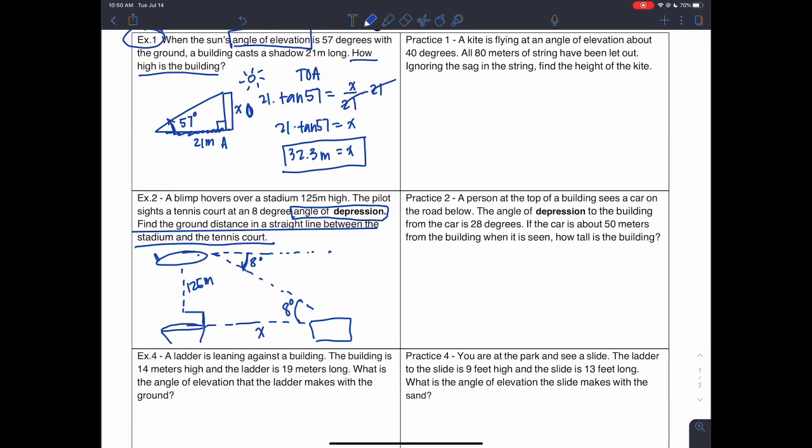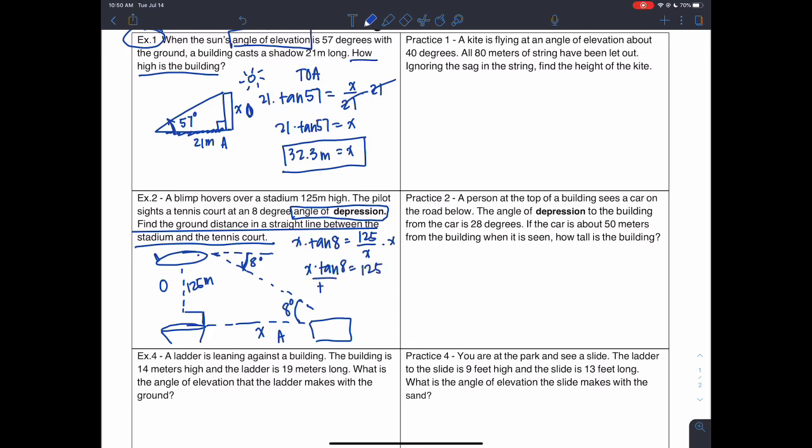So this 125, to that 8 degrees, is opposite, x is adjacent, so again we are using tangent. So we have tangent of 8 is equal to 125 over x. Multiply x on both sides. X times tangent 8 is equal to 125.